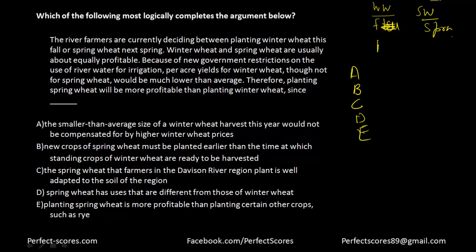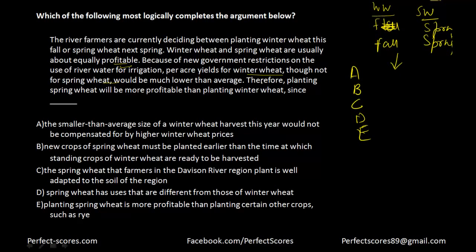Let me put fall here and this is spring. Now winter wheat and spring wheat are usually about equally profitable, so anything about profits, both of them are equally profitable. Because of new restrictions on the use of river water, per acre yields for winter wheat, not for spring wheat, would be much lower. Means the yields would be lower for the winter wheat.